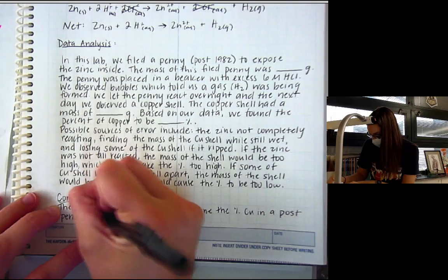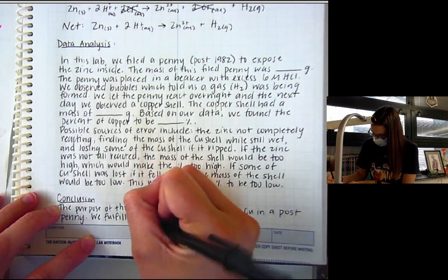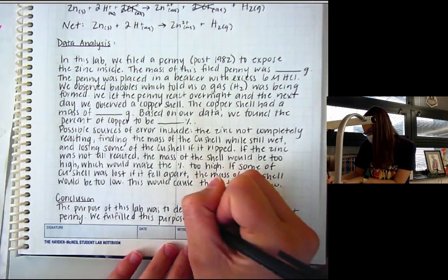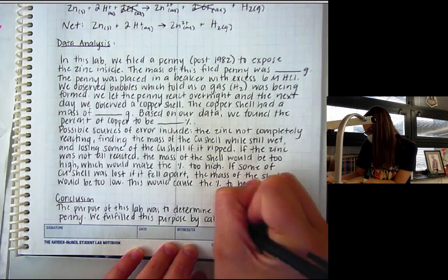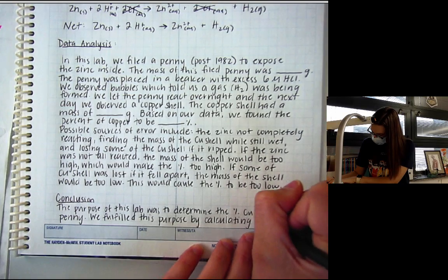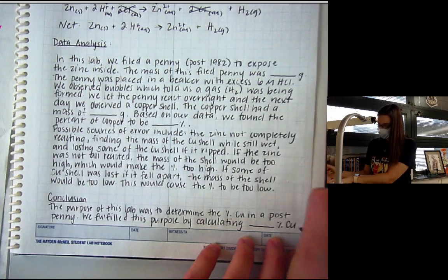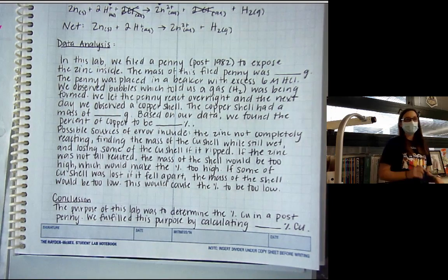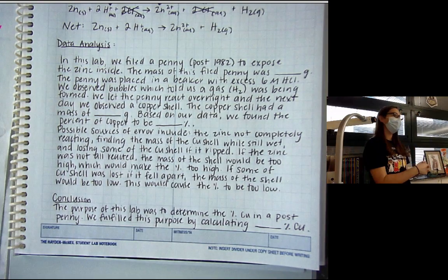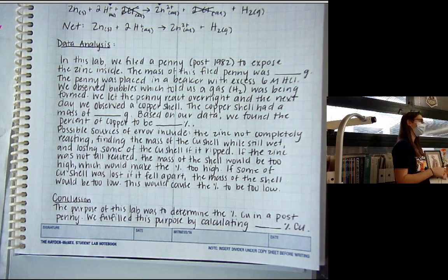So I'm going to say we fulfilled this purpose by calculating, and I'll put a blank percent Cu. So I said, yes, we fulfilled it, and I was specific as to why or how. So I put an actual value in there.